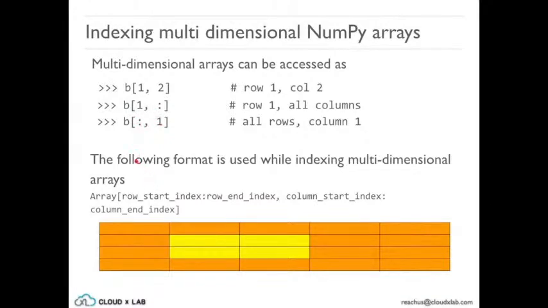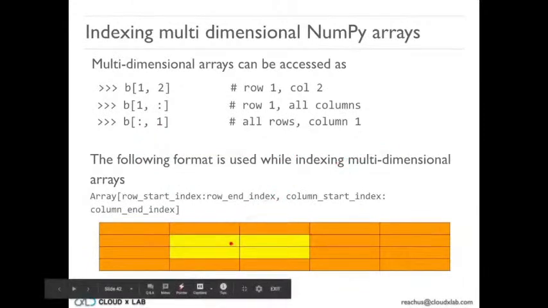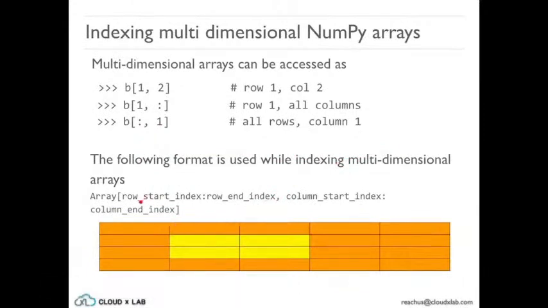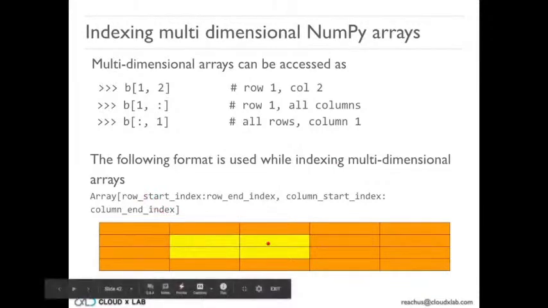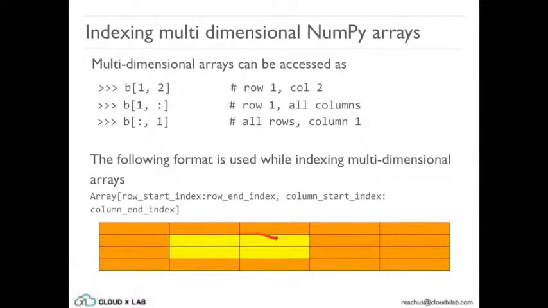And the other method is, if you want to create an extremely funny index, you can also have something like this, where if you want to access this point to this, you would have the starting row index, ending row index, starting column index, and ending column index. You can do the same thing.